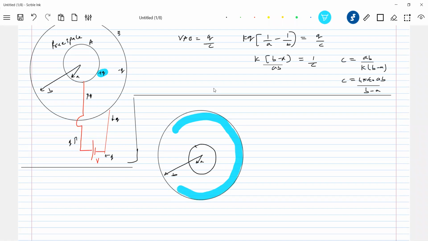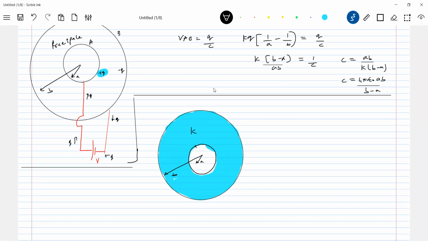In general, epsilon r, usually we give the symbol K. Will the capacitance increase or decrease in the case of a spherical capacitor? Let me call it K. This is again A, B.